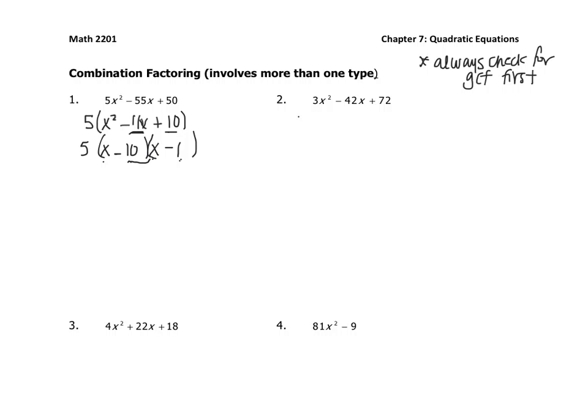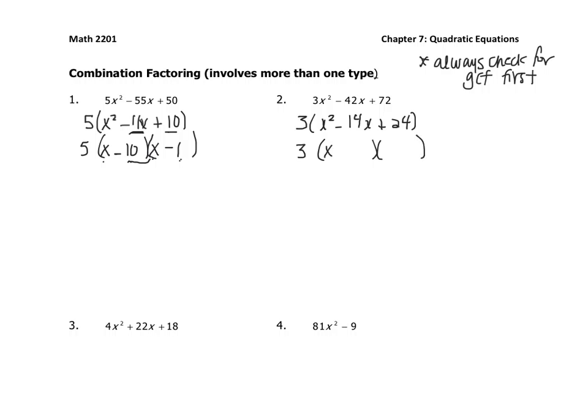Alright, and the second one has a GCF of 3, so you'd have x squared minus 42 divided by 3 is 14x, and 72 divided by 3 is 24. So again, what's left inside is a trinomial, and it would be an easier trinomial, so you don't have to use decomposition.